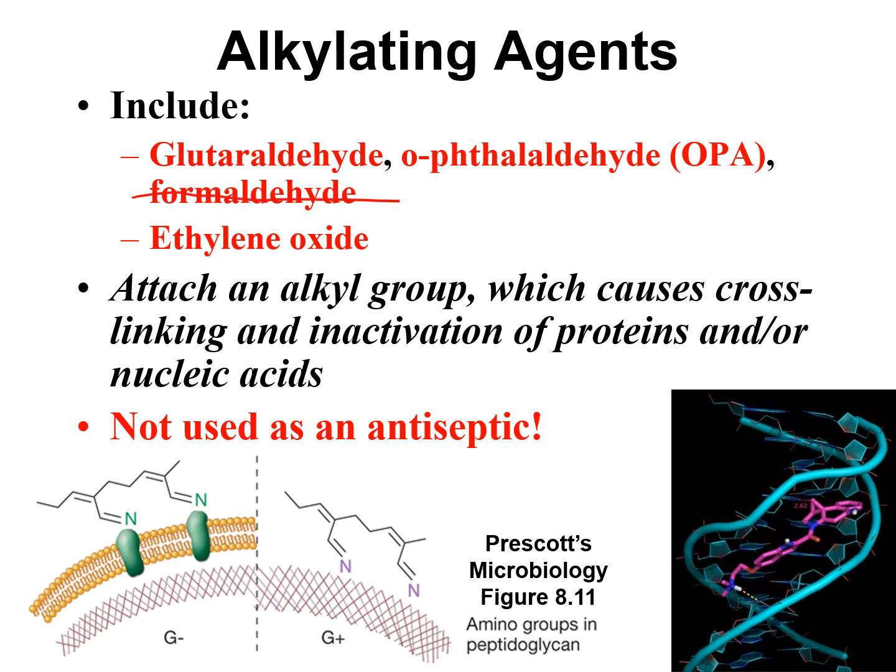What these alkylating agents do is they're going to attach an alkyl group, an example of which would be a methyl group, so a CH3. They'll attach those to things like proteins or DNA, and that will end up cross-linking things in the cell and make it so they can't do their jobs anymore, and then that can kill the microorganism.